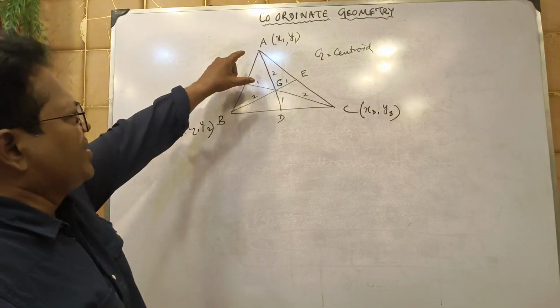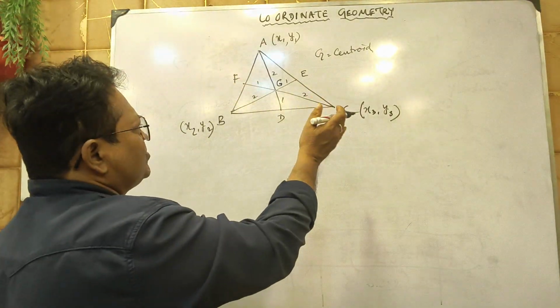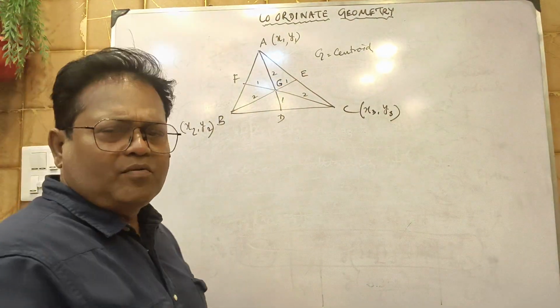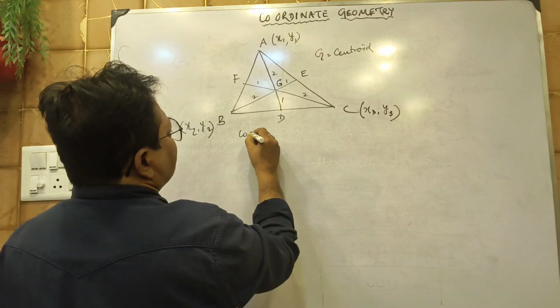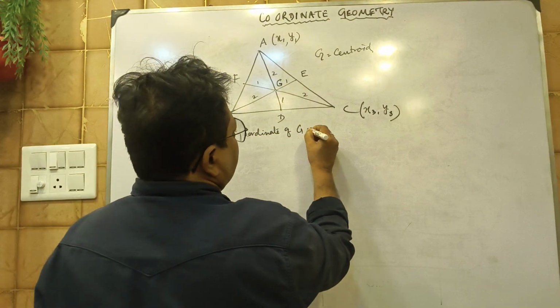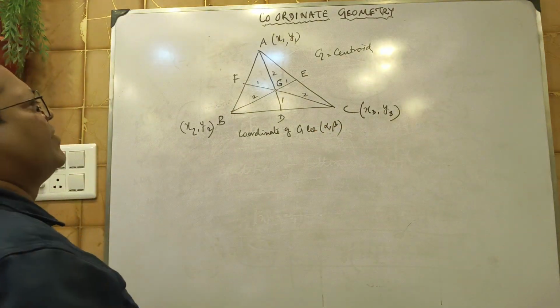So G divides AD in the ratio 2 is to 1. How do you get the coordinates of G? Suppose the coordinates of G are alpha, beta. How do you find alpha and beta?